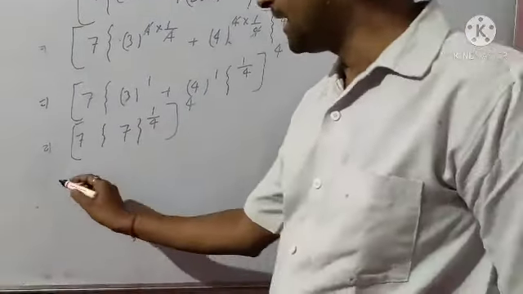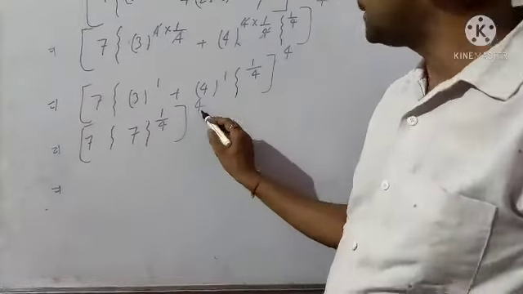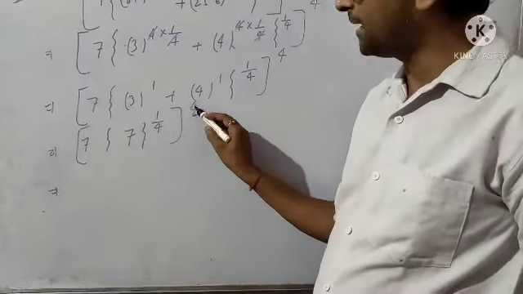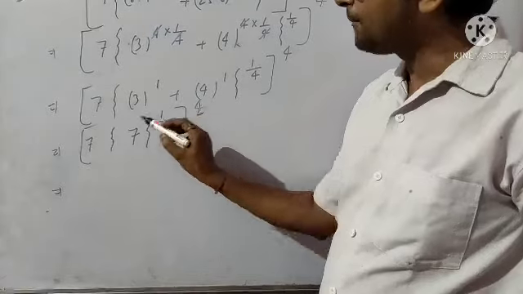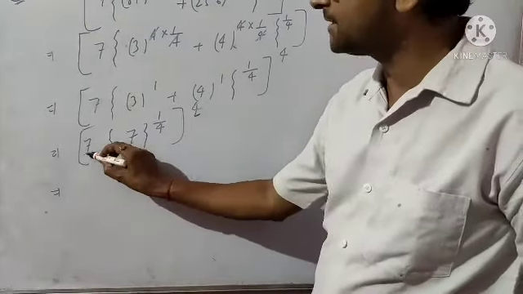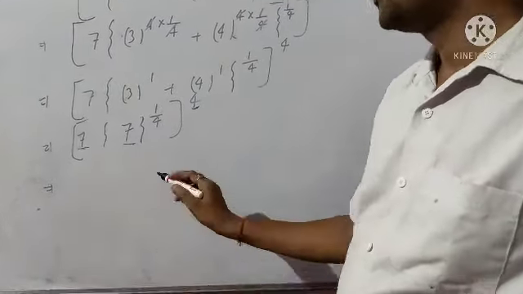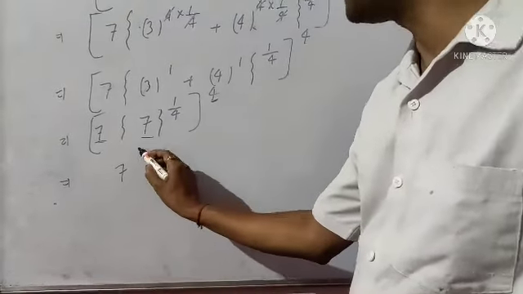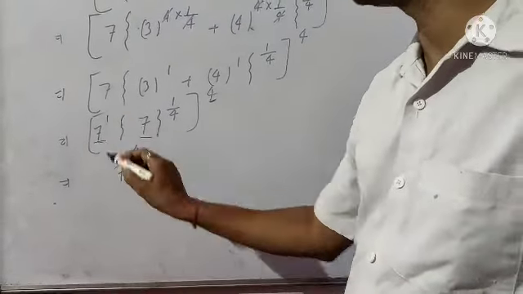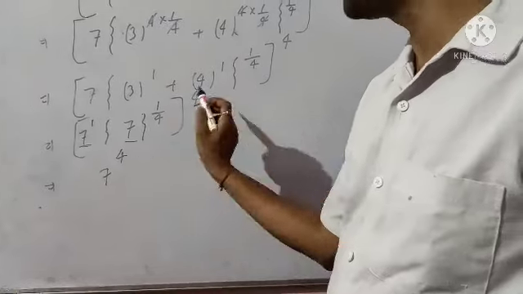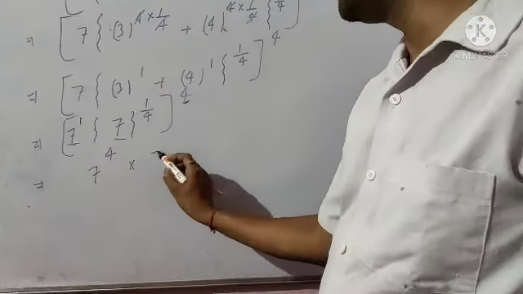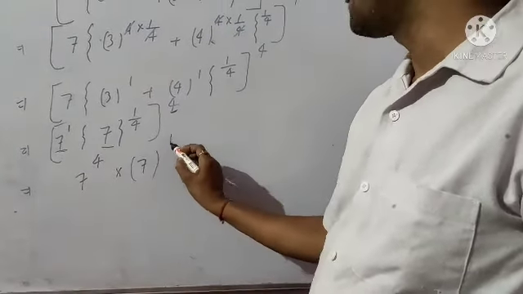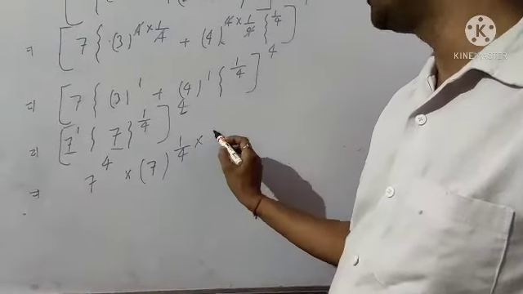Okay, then the power is 4 and this 4 is the power of both terms, means this term as well as this term. So we can write here 7 to the power 4, that means here the power is 1, so 1 into 4, 7 to the power 4 into 7 to the power 1 by 4 into 4.